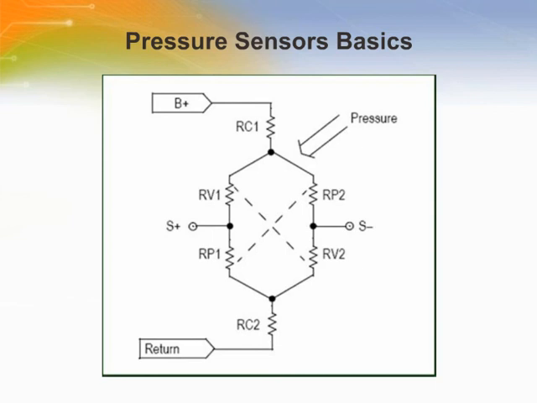Pressure on the diaphragm, therefore, unbalances the bridge and produces a differential output signal. One of the fundamental properties of this structure is that the differential output voltage is directly proportional to the bias voltage, B+. This characteristic implies that the accuracy of the pressure measurement depends directly on the tolerance of the bias supply.